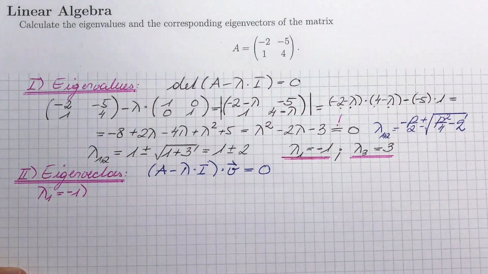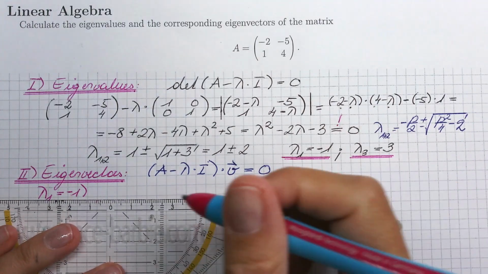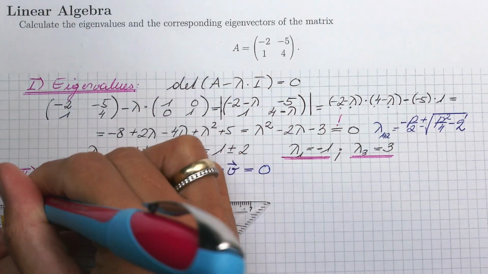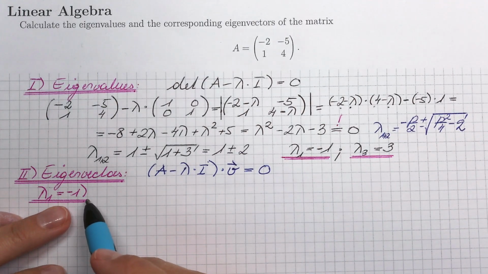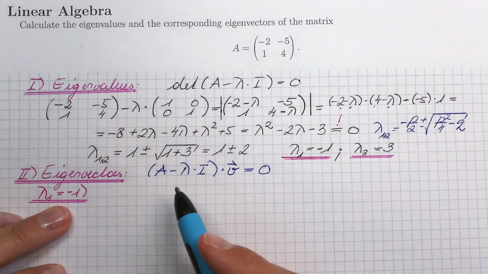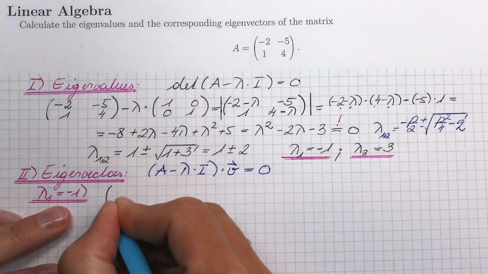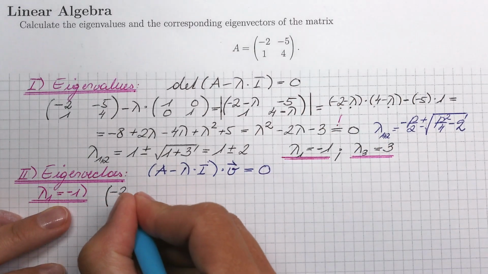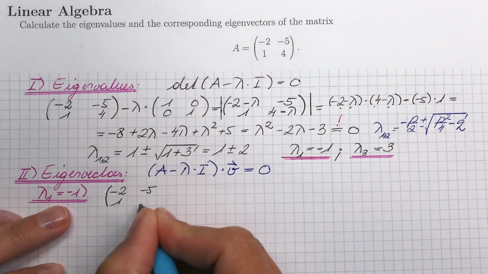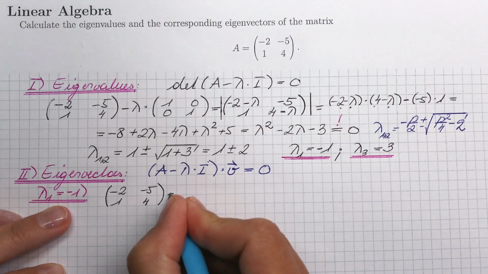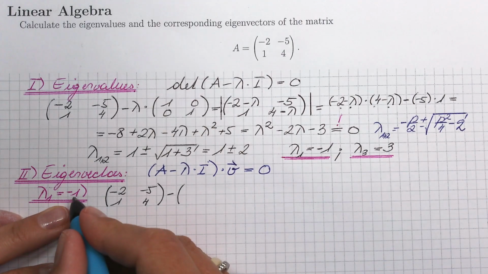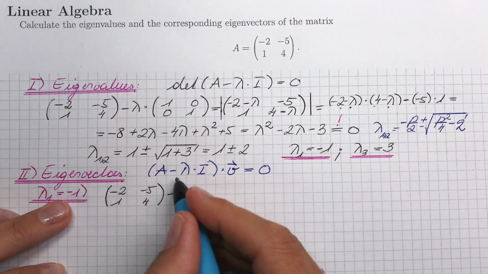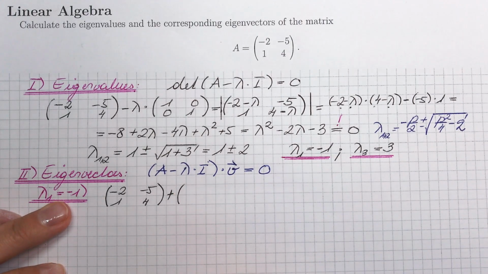Here we start, and then we're going to see it's very similar also for the second eigenvector. Okay, now A, maybe we write it down again, then it's easier. Minus 2, minus 5, 1, and 4, minus lambda times I. Lambda is minus 1, minus and minus is plus, okay?